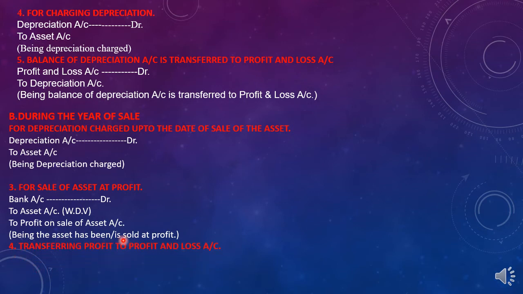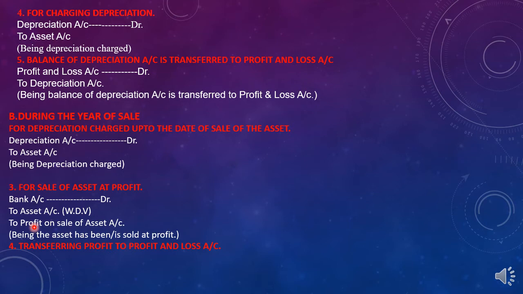Next is transferring to the profit and loss account. So transferring this profit to the P&L account. Profit is transferred to P&L account, loss is transferred to P&L account, depreciation is also transferred to P&L account. So remember students, whenever the sale happens, if there is any profit or loss, that will be transferred to profit and loss account.